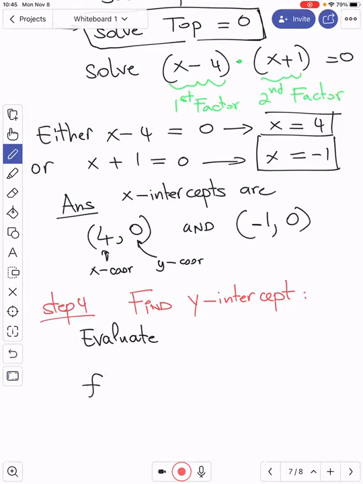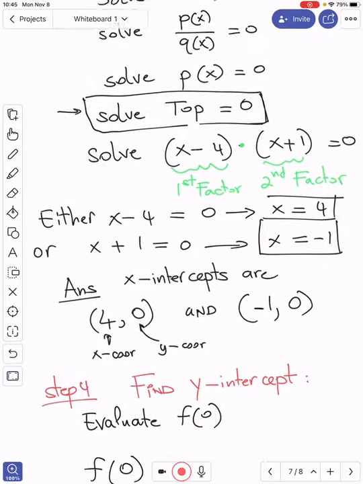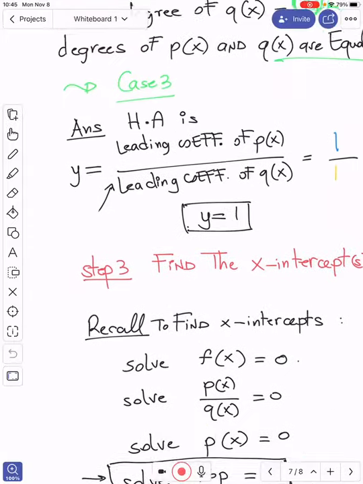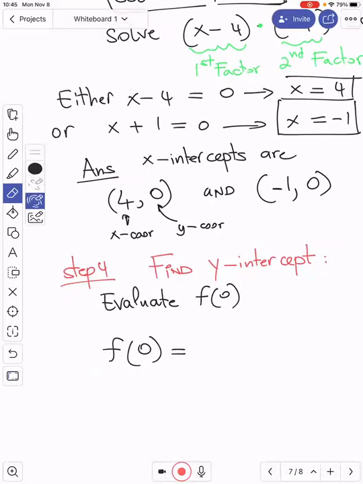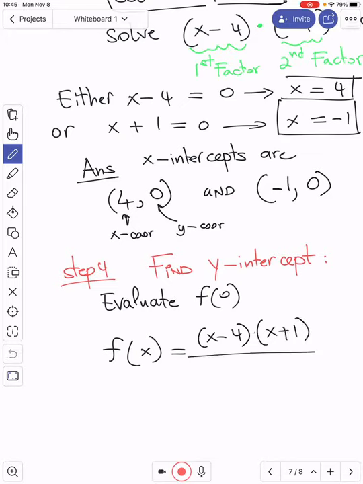All you have to do is replace x by 0. Let me write f of x again, just to remind you: it's x minus 4 times x plus 1 over, I think, x minus 3 times x plus 2. So just replace x with 0.